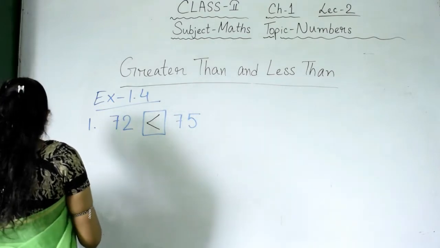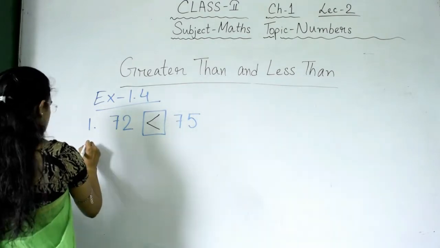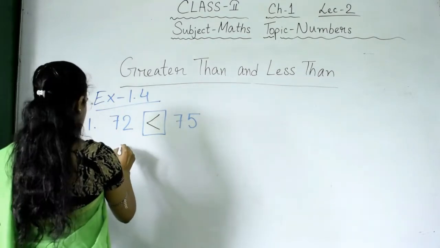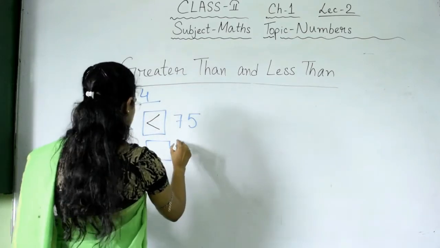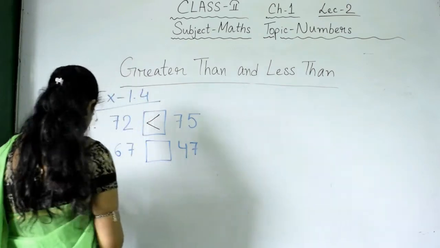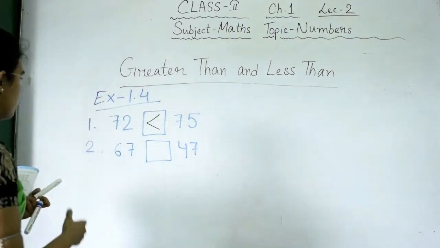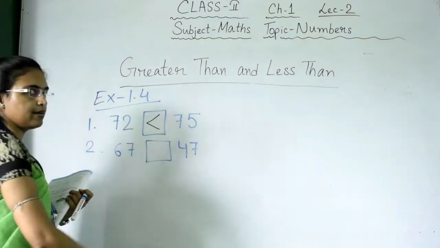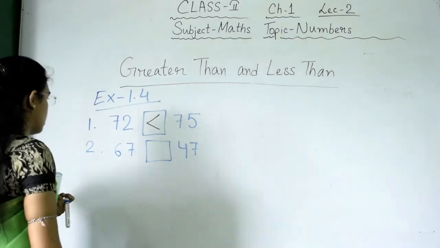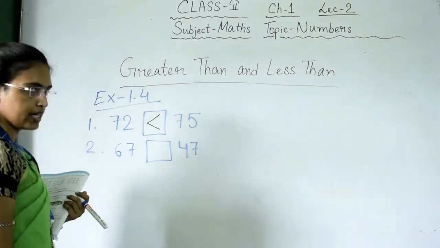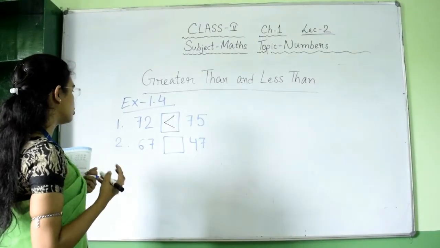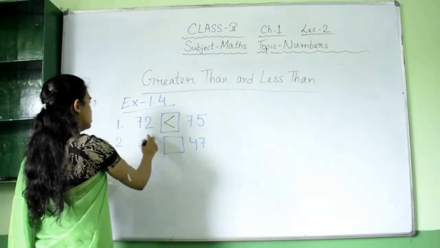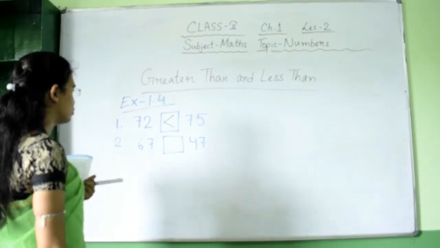Okay. Now number 2, 67, box, 47. Now which one is the biggest number, 67 or 47? Yes, 67 is the biggest number. So which number does the crocodile want to eat? The biggest number. So in which side does he have to open his mouth?